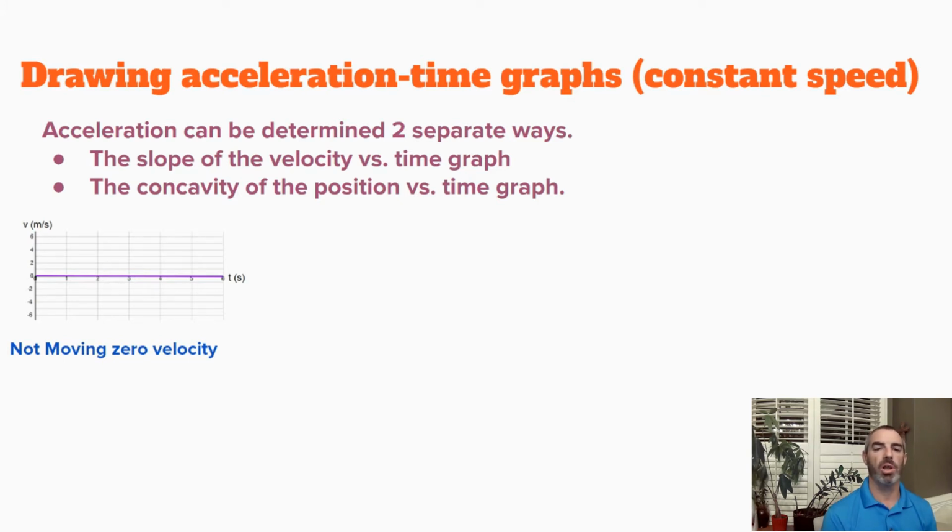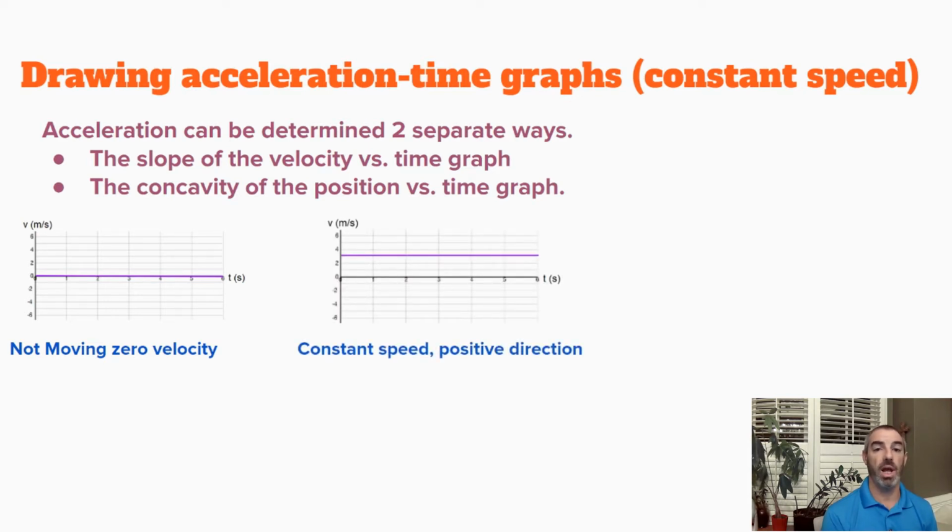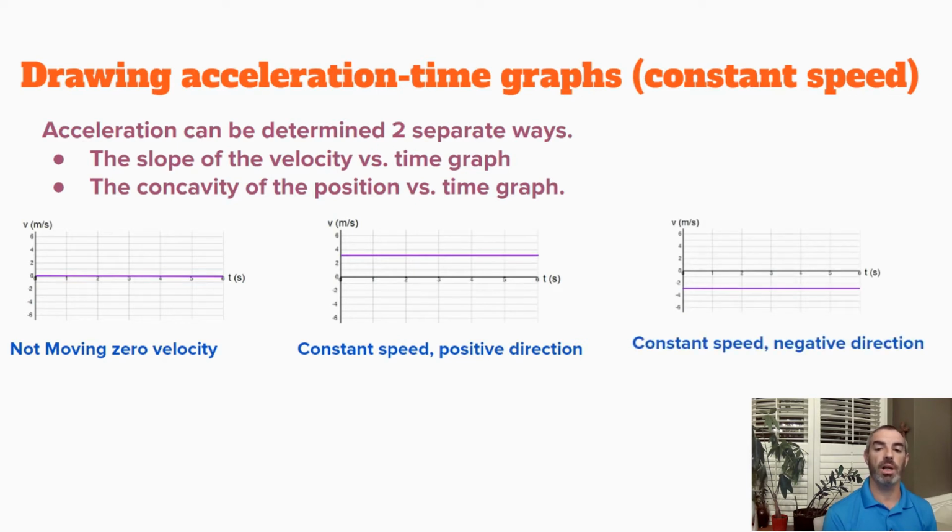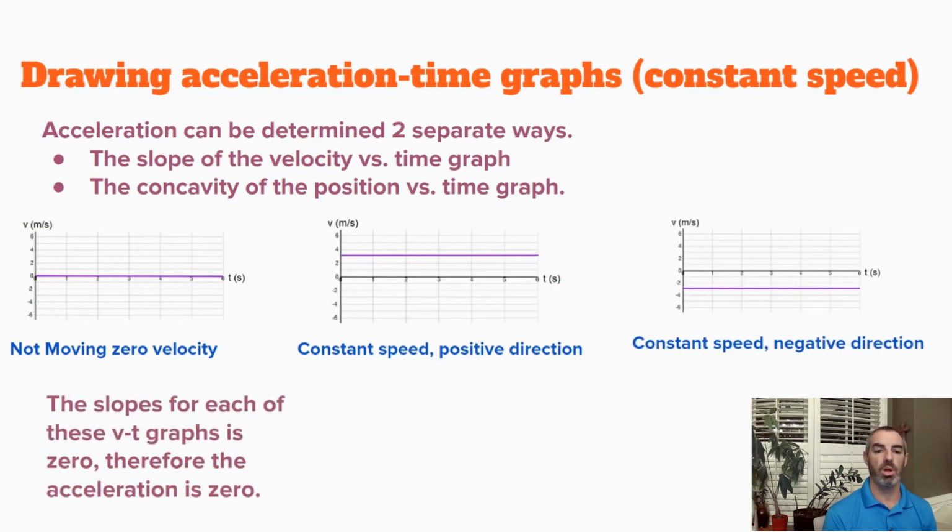So let's look at our several ways where we have a constant velocity. Not moving is a constant velocity, constant speed positive direction, and constant speed negative direction. If we look at these graphs, all 3 of them have a slope of 0 because they're horizontal lines, which means that the acceleration is also 0.